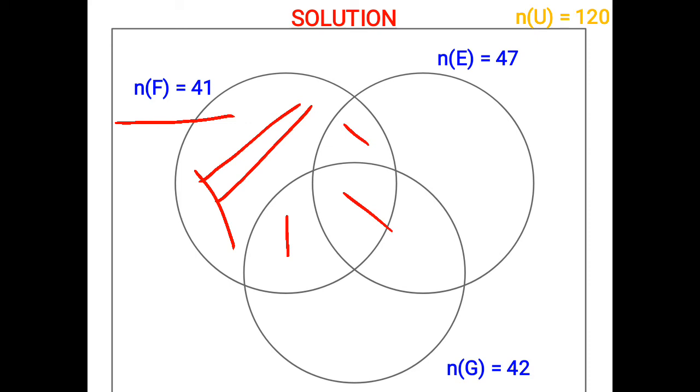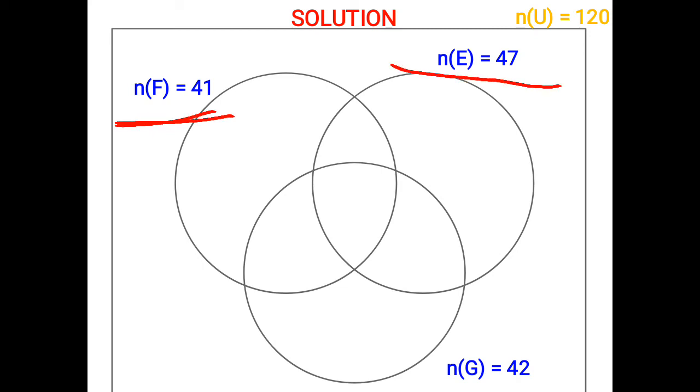So French is the full circle. So it says 41 take French. So we have put it over here. 47 take economics. So we put it over here. It doesn't say only economics, so we put it there. And 42 take geography. So we put it here. All right.